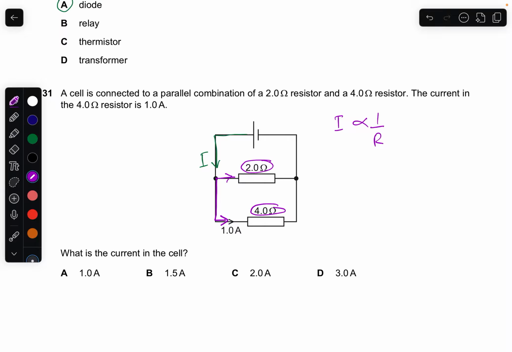So there will be a current 2 times the current going downward. If this is I, this can be 2 into 1, which equals 2 ampere. So 2 ampere is here, 1 ampere is here. This current should equal 3 ampere, because that is the total current coming in. So option D is correct.